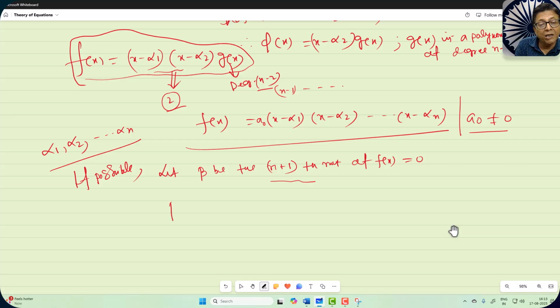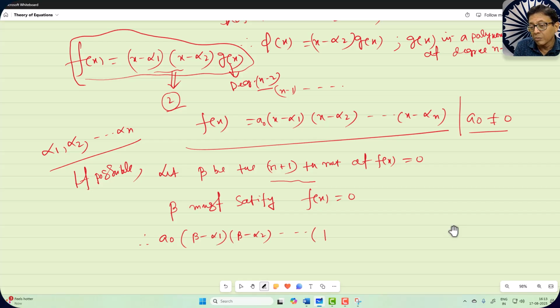Then beta must satisfy f(x) equal to 0. Put beta over there. So a0 (beta minus alpha 1)(beta minus alpha 2) up to (beta minus alpha n) equal to 0.